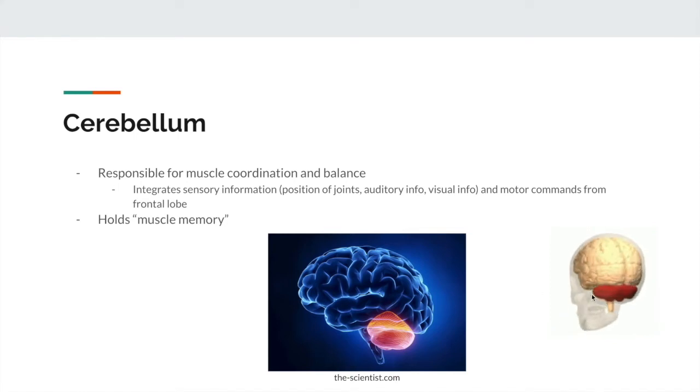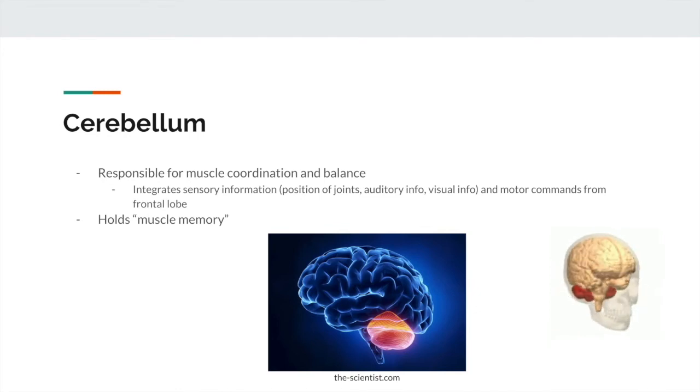This part of the brain actually integrates a lot of information from many other parts of the brain that we're going to discuss, and it takes in information about position of joints, things that you're hearing and things that you're seeing, and also it takes into account the commands that the decision-making processes of your brain are giving to the muscles, and it integrates them all together and then outputs motor function that then cause your muscles to move.